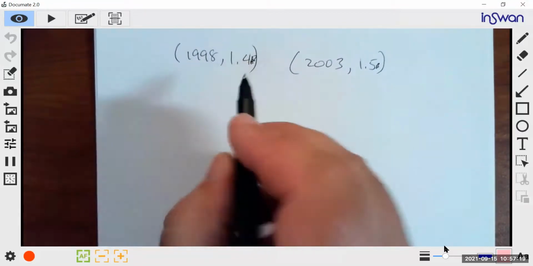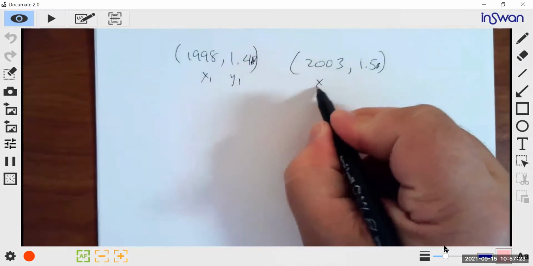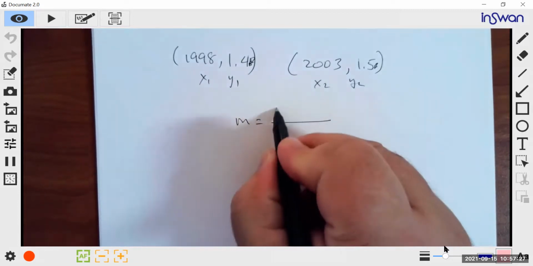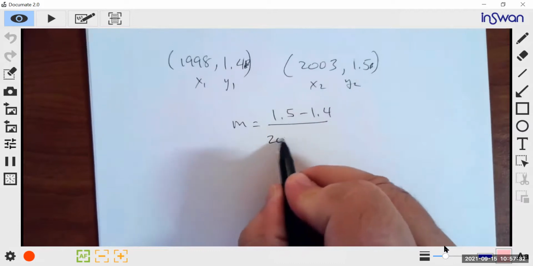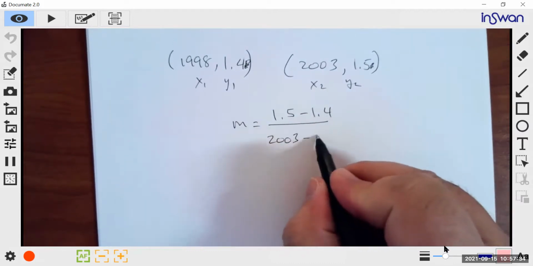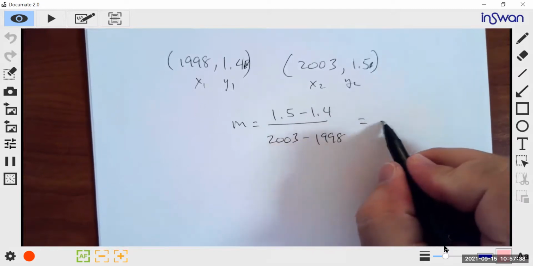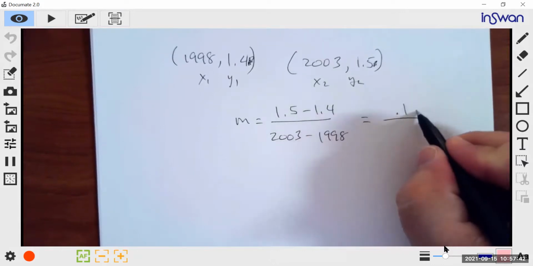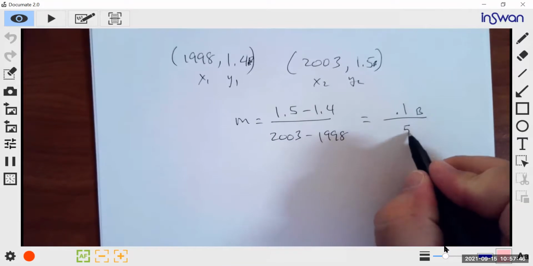This is billions. So it's X1, Y1, X2, Y2. 1.5 minus 1.4, over 2003 minus 1998. So it's 0.1 billion over 5.